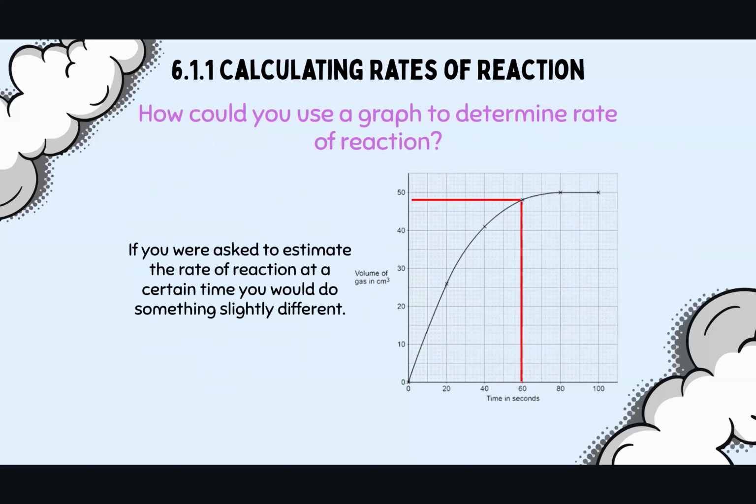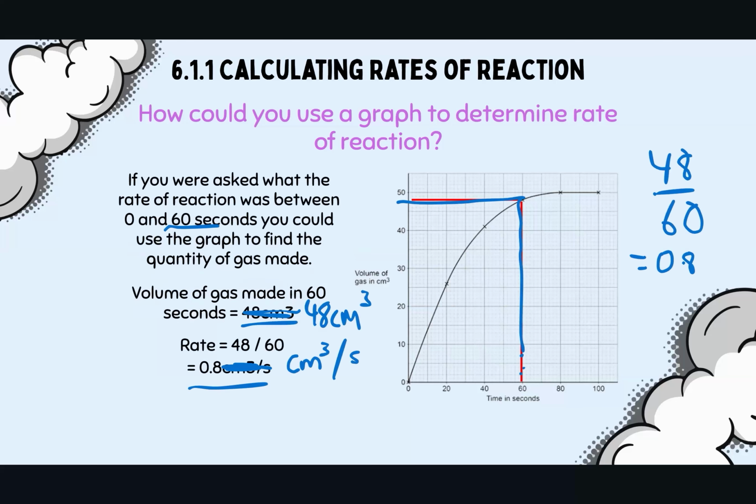Now, how could you use a graph to determine the rate of reaction? If you are asked to estimate the rate of reaction at a certain time, you would do something slightly different. So here it said, what's the rate of reaction between 0 and 60?